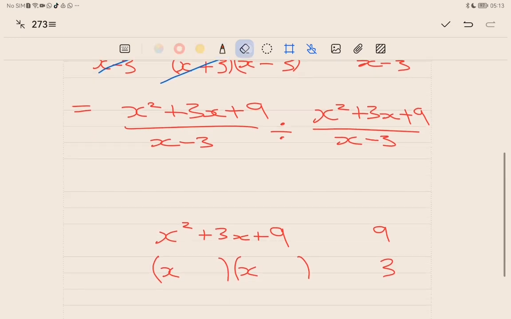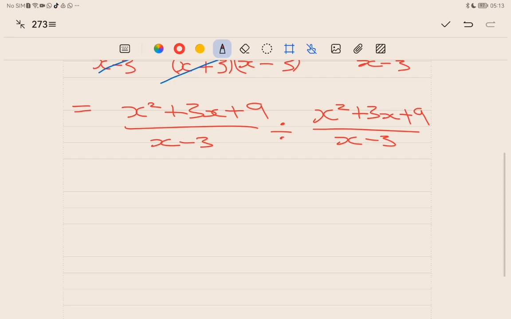So what you need to remember here is that when you divide fractions, in case you have x over y divided by z over k, you have to say x over y multiplied by the inverse of this. What is the inverse of this?